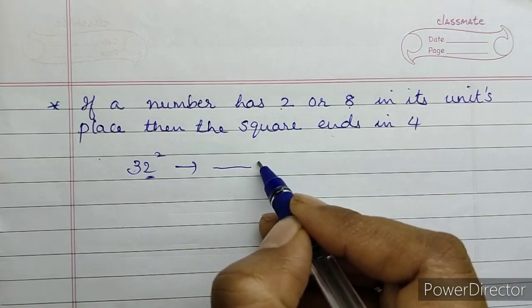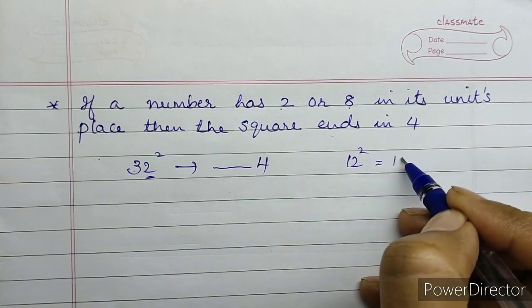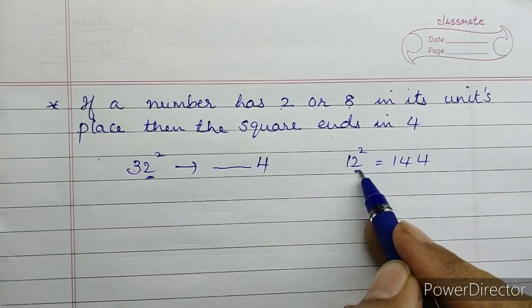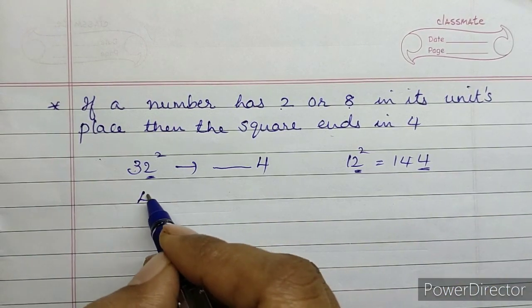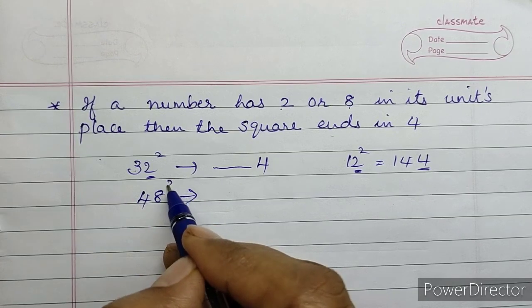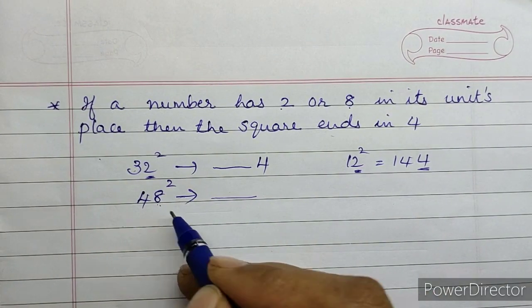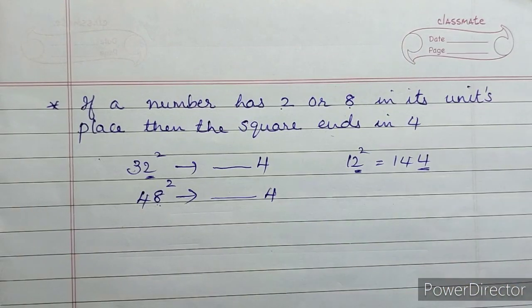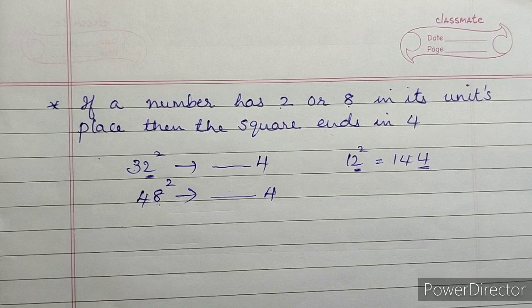So, number will be ending in 4. 12 square, 144. See 2 square, so 4 it will come. Next 48. If you take 48 square, the last digit will be 8 8s are 64. So, 4 will be the ending digit of the perfect square number. So, this is the way how you will find the last unit place digit in a perfect square number.